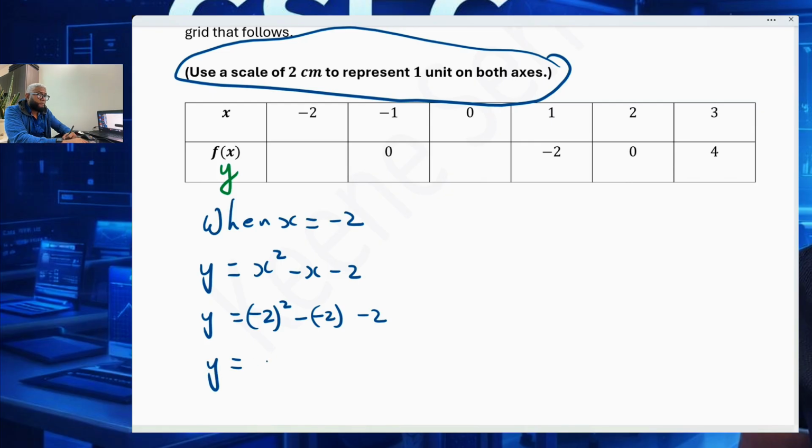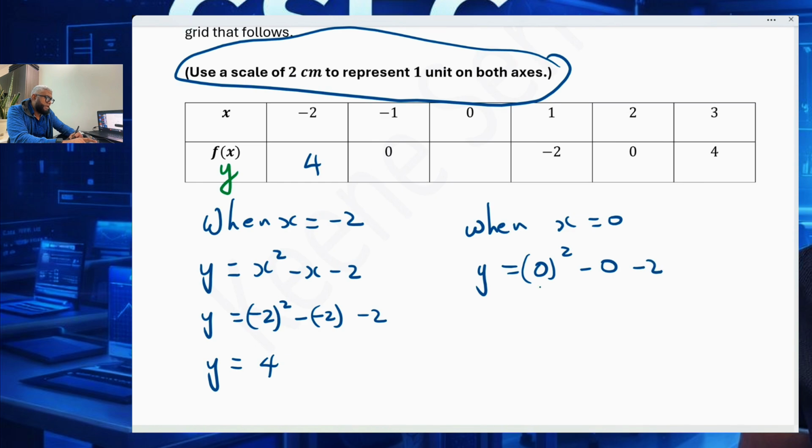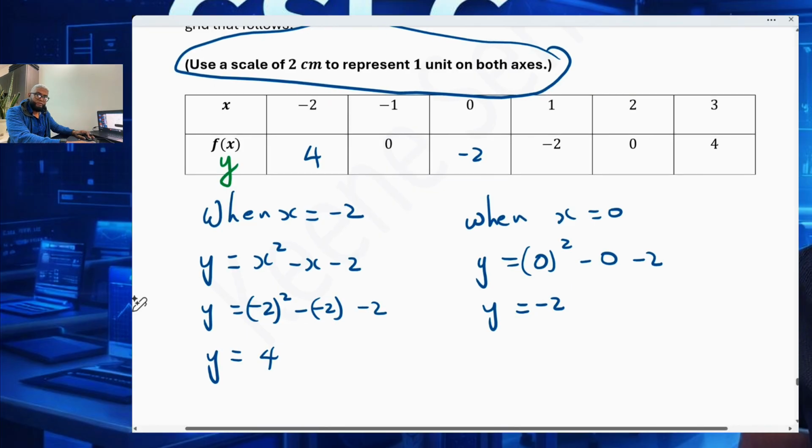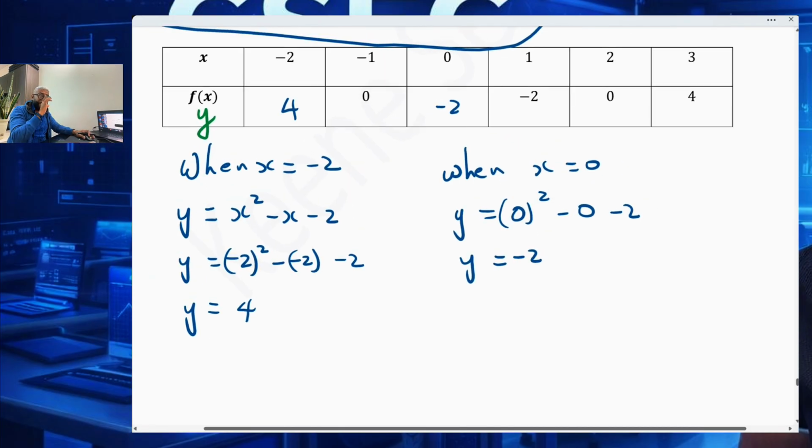Positive 4? Proper. Then the only other one that was missing is when x is equal to 0. So y is equal to 0 squared minus 0 minus 2. Y will be equal to negative 2. Right? So make sure you have your table written down.